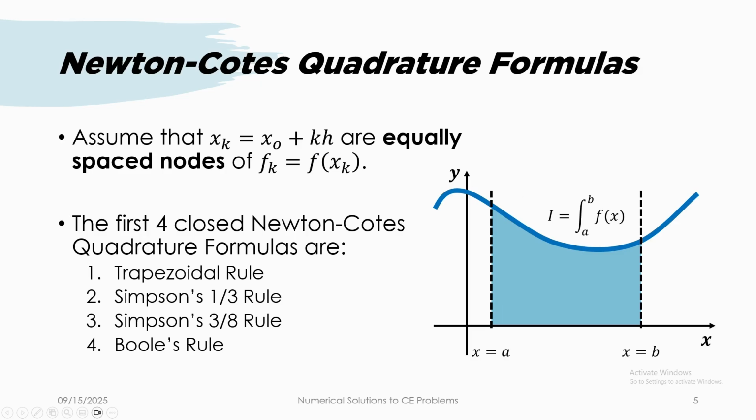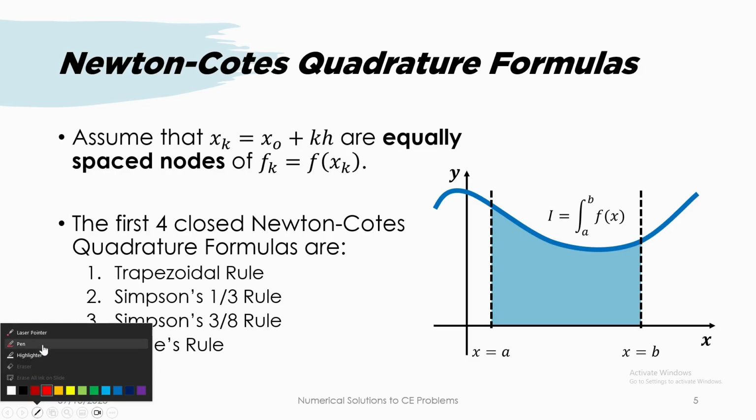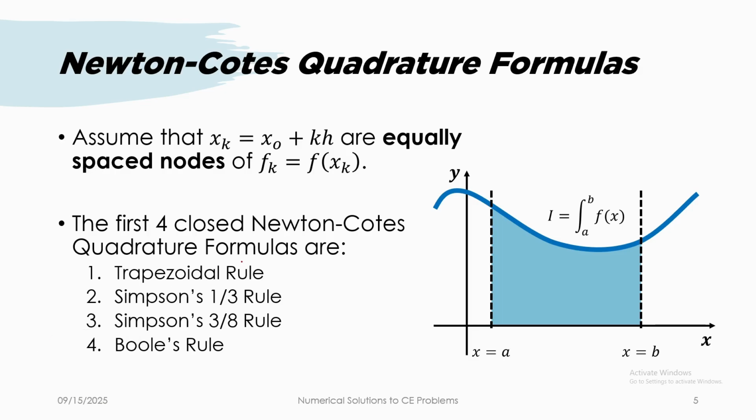The first four closed Newton-Cotes rules are the trapezoidal rule, which is a linear approximation of the function, Simpson's one-third rule, which is a quadratic approximation, the Simpson's 3/8 rule, which is a cubic approximation, and Boole's rule, which is a quartic approximation.